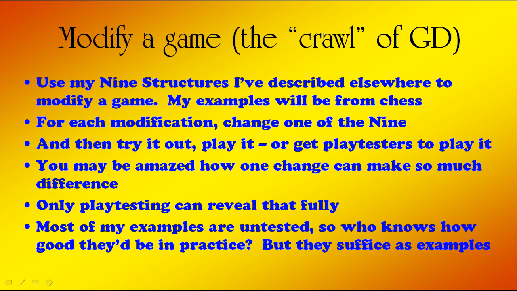So I'm going to go through these 9 structures and make a modification for each one. Only playtesting is going to reveal fully what those changes have done. Some of my examples are untested, so who knows how good they'd be in practice. They're just suggestions of how to modify.